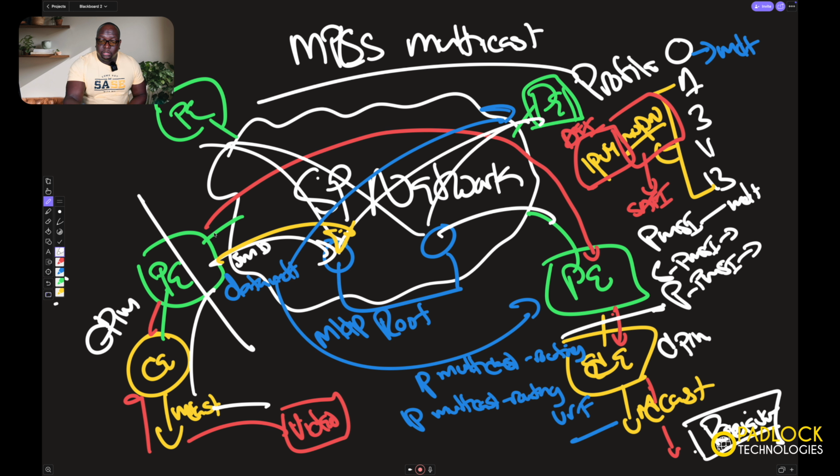From provider to PE is P-PIM, which is provider PIM. So you are not extending customer PIM into provider PIM. It's not called customer PIM when it hits the provider network. It's customer PIM up to the PE. Then once it gets from the PE, it's provider PIM all the way to the other PE, and then it comes out, and now it's customer PIM again.